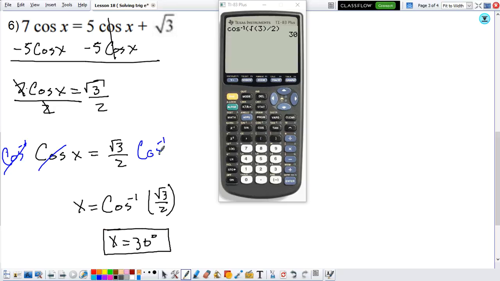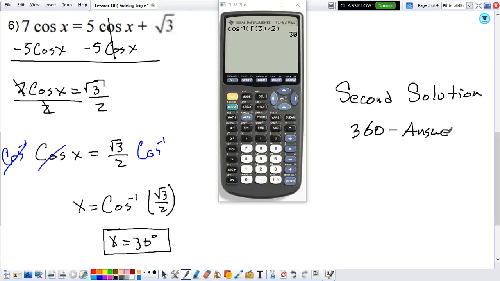So we got to check our second solution now. So what's our second solution? Remember that for sine it's 180 minus the answer. So that means that for cosine, it's 360 minus the answer.